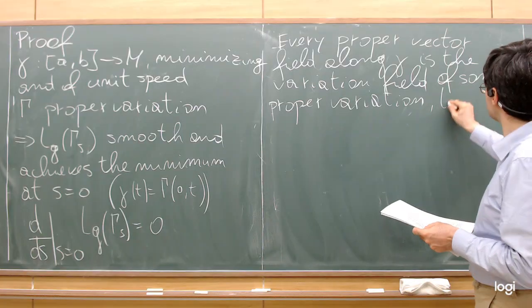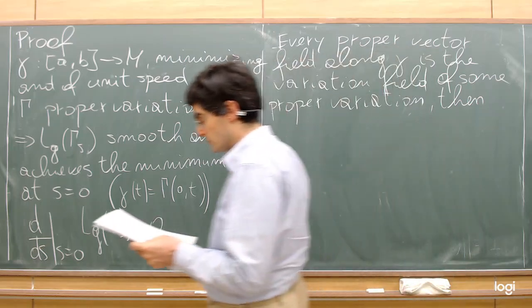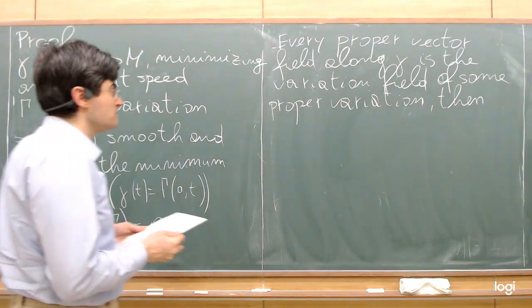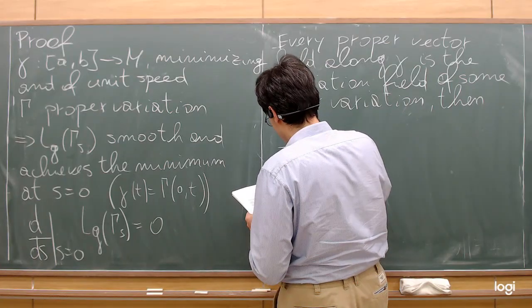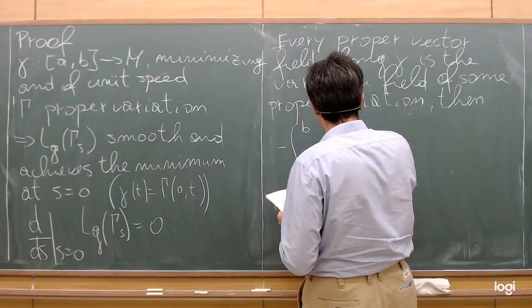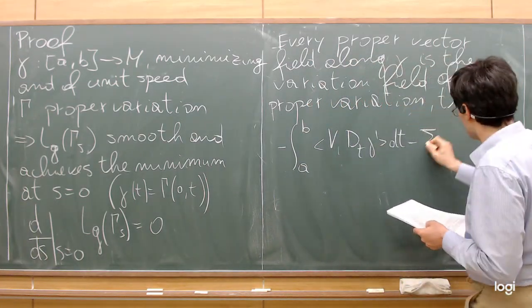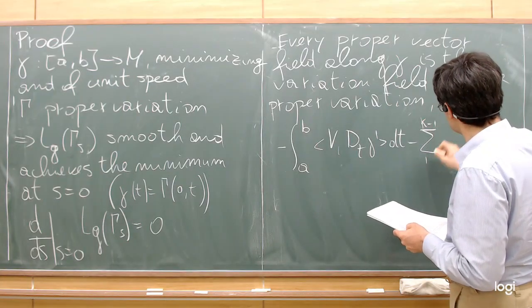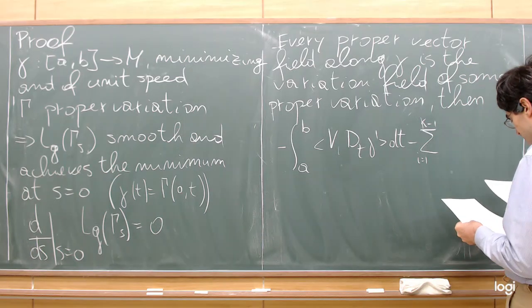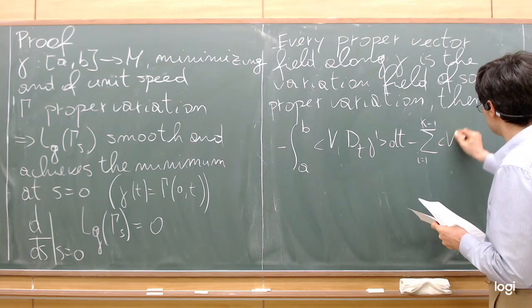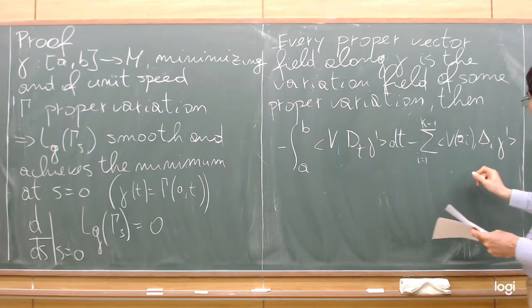Then the right hand side of the first variation formula must be 0. That is, this is 0.